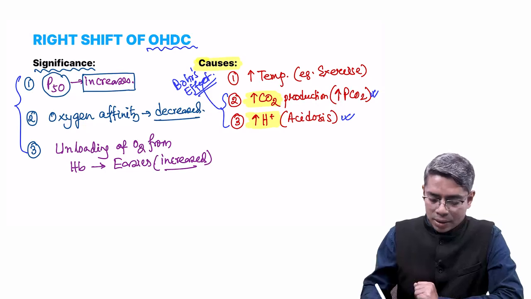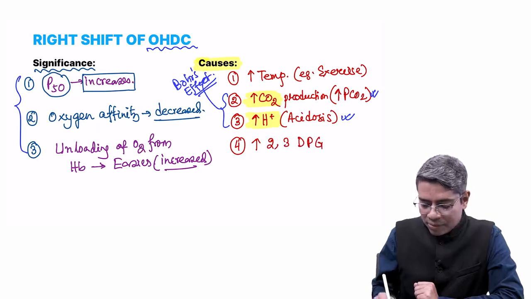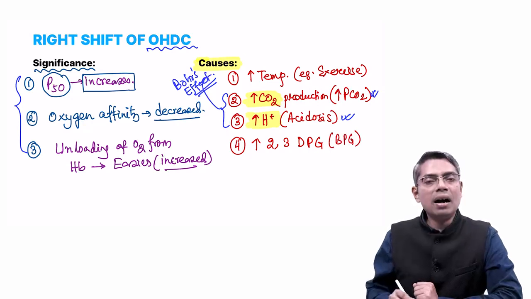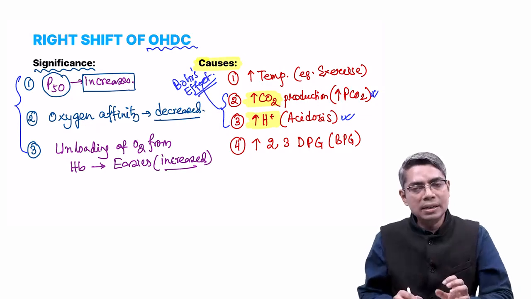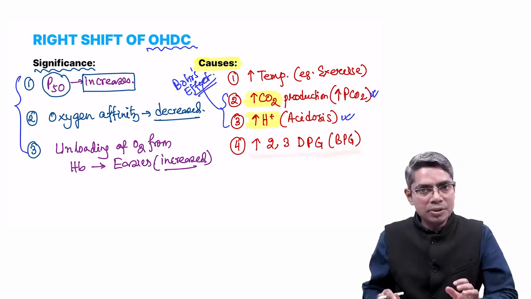And I will write down another cause of right shifting that is very important: increased 2,3 DPG, diphosphoglycerate or biphosphoglycerate, in the RBC. Mature RBC contain a huge amount of 2,3 BPG or 2,3 DPG, whatever you say.